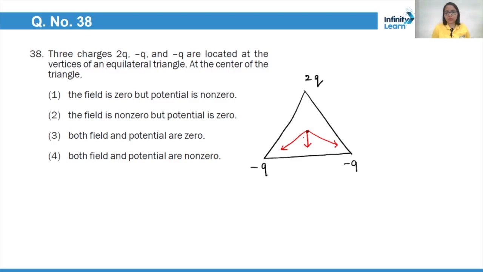Net effect will not be 0, so electric field is non-zero. But if you look at the potential, let's say this separation is r, this separation is r, and this separation is r. So total electric potential over here is minus kq divided by r, minus kq divided by r, and plus 2kq divided by r. So total summation is 0. So electric potential is 0, but electric field is non-zero. So correct answer is option 2.